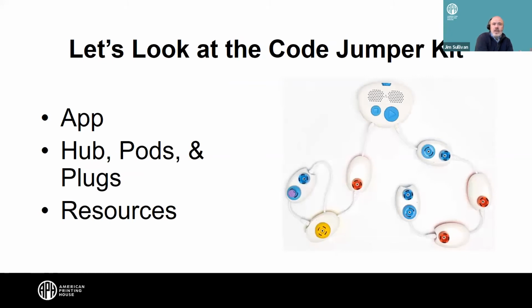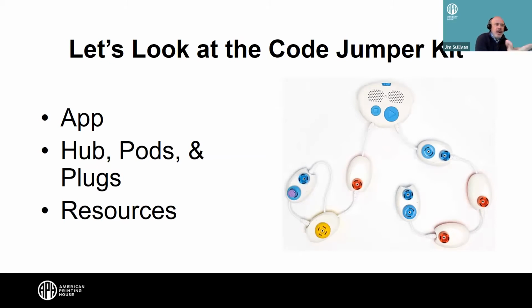So when we take a look specifically at the CodeJumper kit, we're talking about the CodeJumper app, what we call the hub, pods, and plugs, and then specifically the resources. So when a kit arrives, it is made up of one hub. It is made up of 8 play pods. It is made up of several pause pods, several loop pods.